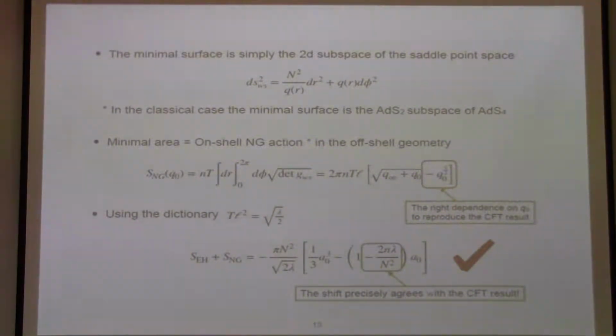I see. So from the string point of view, that's the difference.